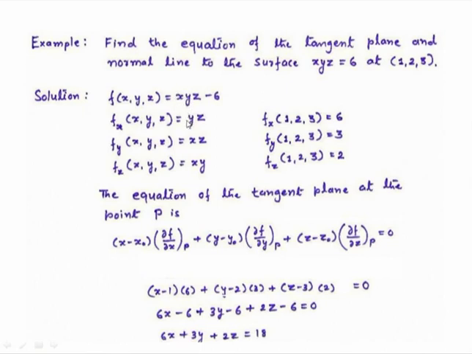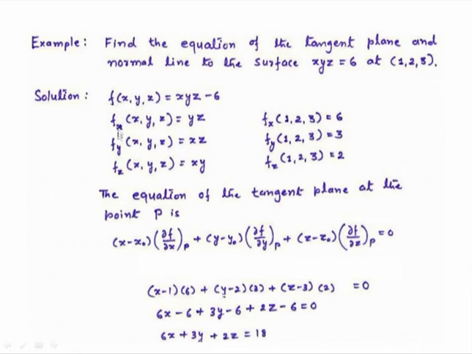So del f by del x is yz at the point (x, y, z). But we require the partial derivative of the function at the given point, which is (1, 2, 3). So f_x at the point (1, 2, 3) is 2 into 3, so 6.